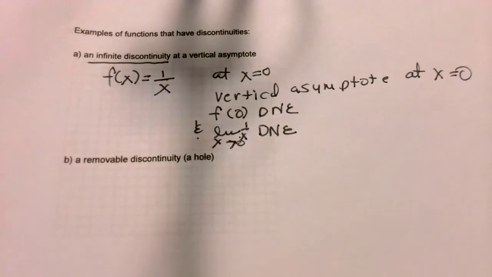So that's what we call an infinite discontinuity. And you can graph it and you can see that there is a vertical asymptote there.